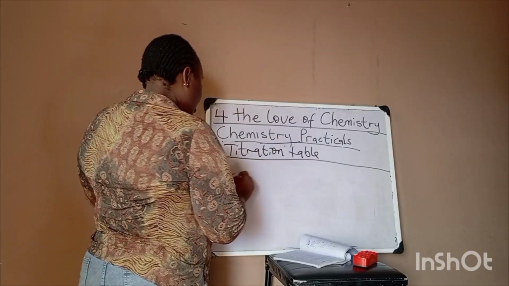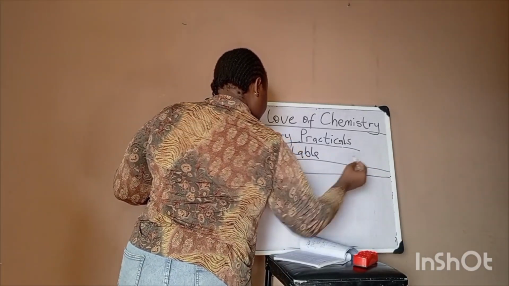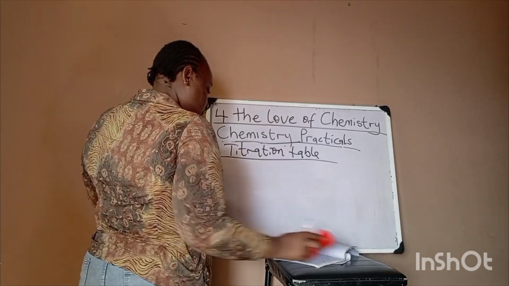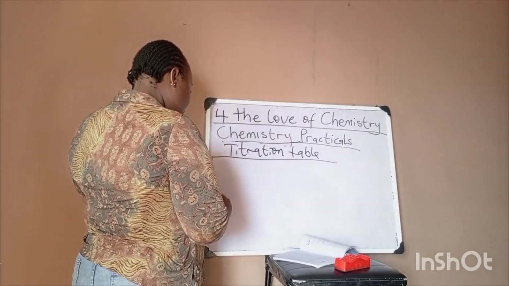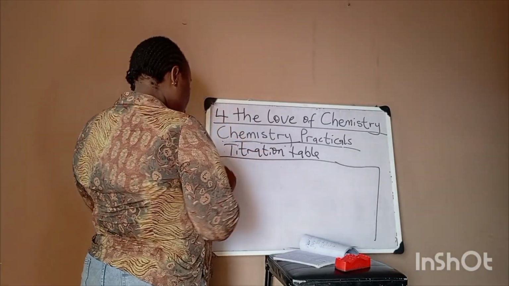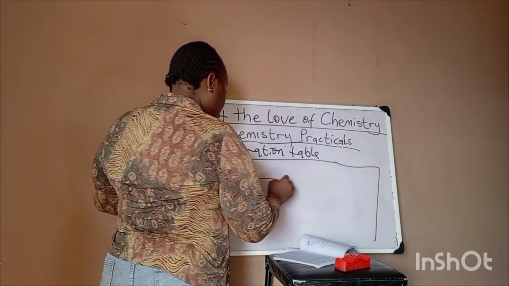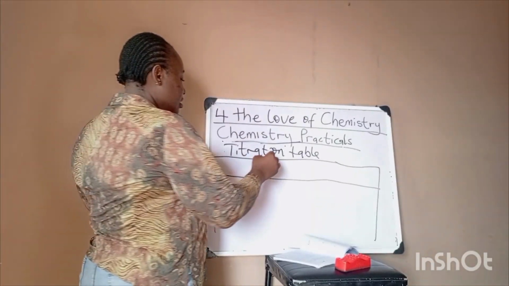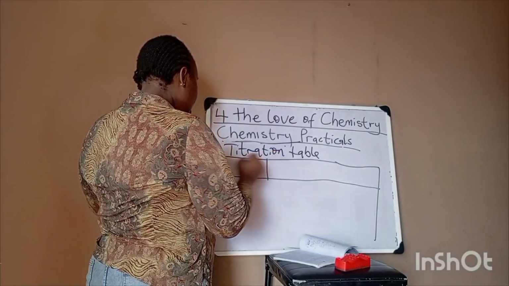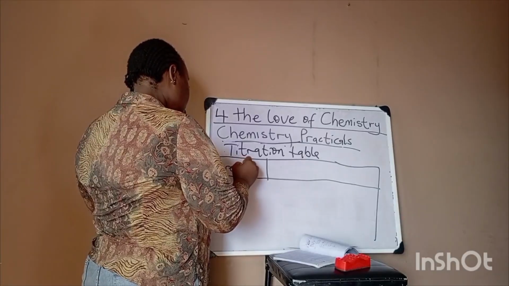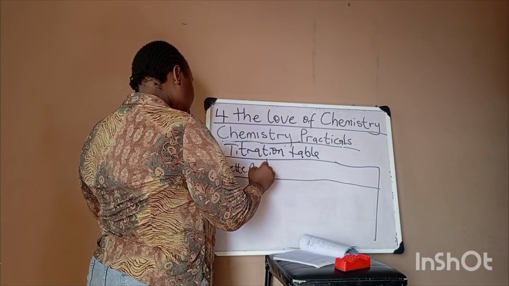So let's look at our table like this. We have the first row. This first row is for headings. So the first heading is Burette readings.